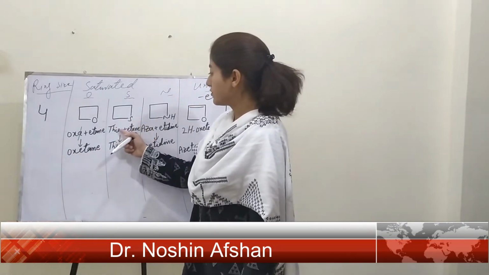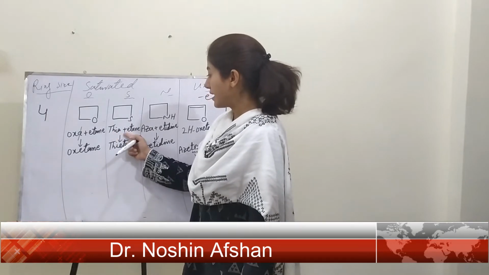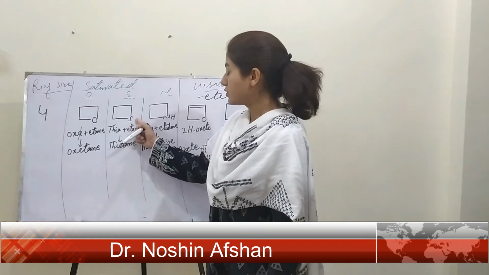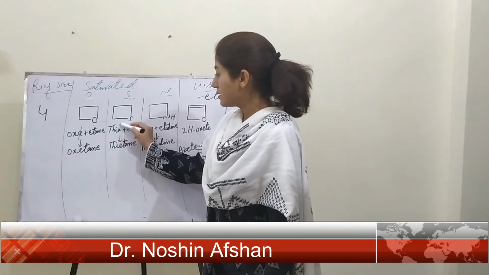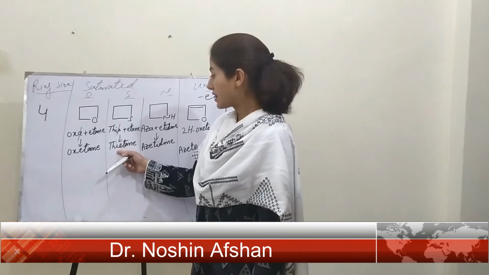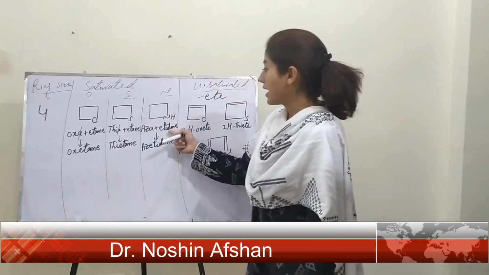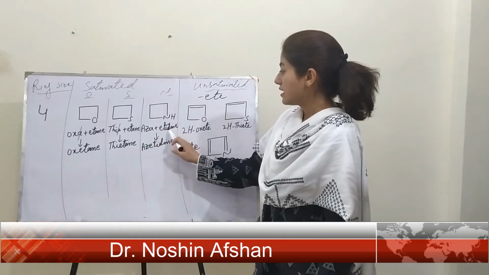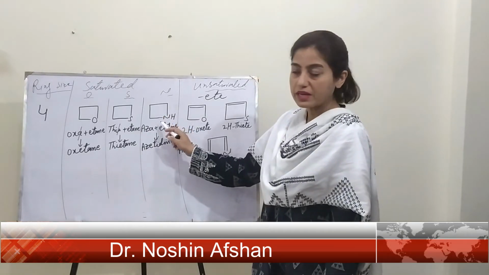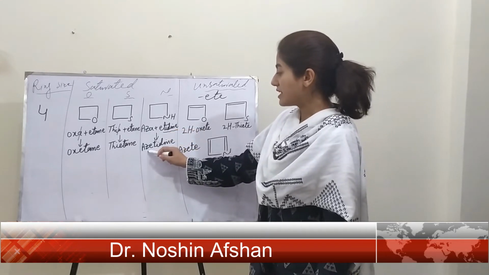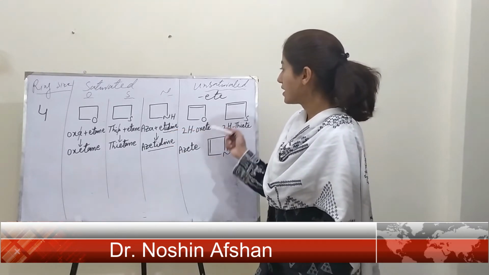Similarly, in the case of sulfur, it would be thia and ethane. Ethane means four-membered and thia for sulfur. So here the A would be omitted and the final name would be thietane. And in the case of nitrogen, as aza for nitrogen and for four-membered ring it would be etidine, and the final name would be azetidine.